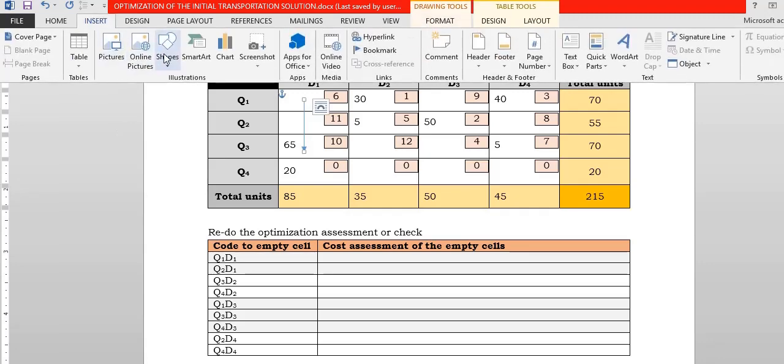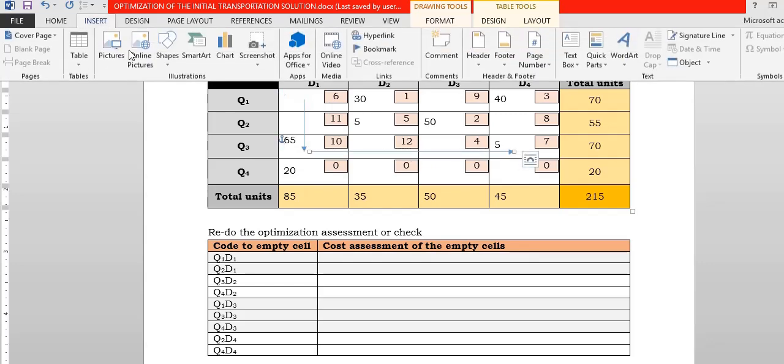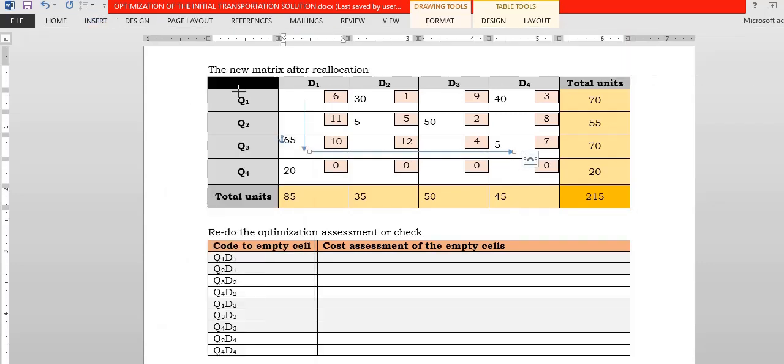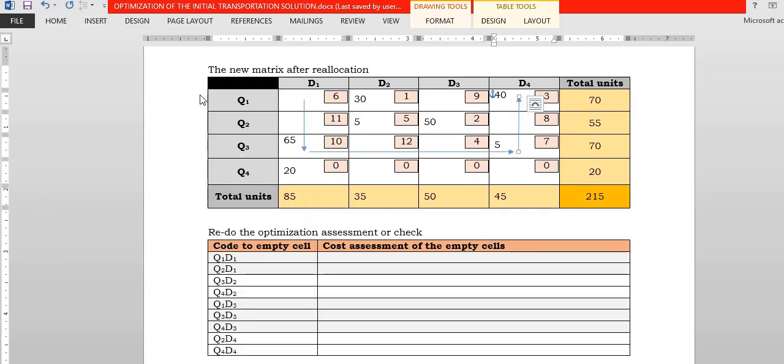Then we move to the right up to here. Then we move upwards up to here. Then we move to the left up to there. That's a closed loop.